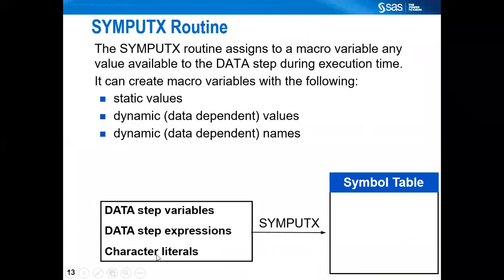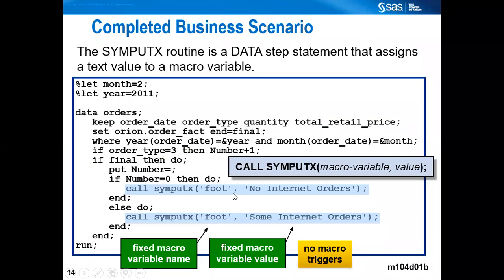So you're passing the values as character literals. This macro variable name is fixed, but the value will be flexible as your data changes. There is no macro trigger, hence this CALL SYMPUTX will not create a macro variable during the compilation phase, but it will create it during the execution phase.